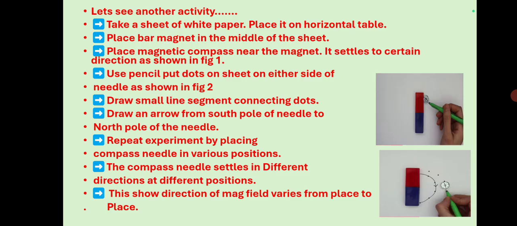Now we took a compass needle. In the first diagram you see the compass needle, and then taking a pencil, we place the compass needle at one point near the magnet and draw dots on either side of the compass needle. Then move it and again make the dots. In such a way, you see the second diagram. Again we will bring that compass box to the other end.